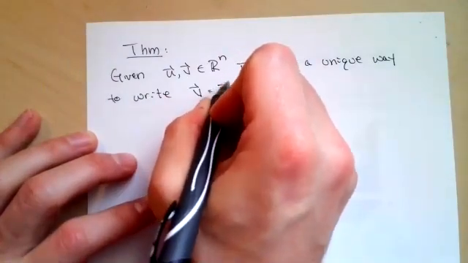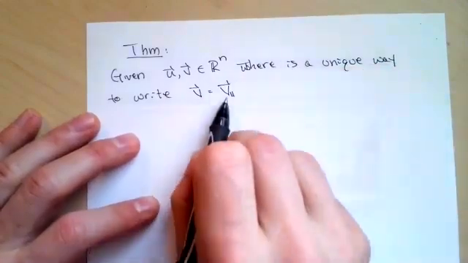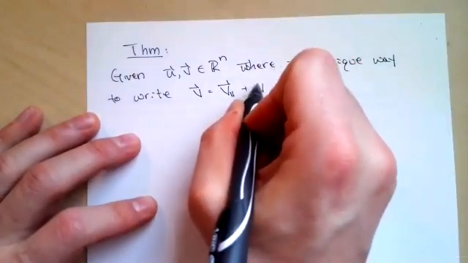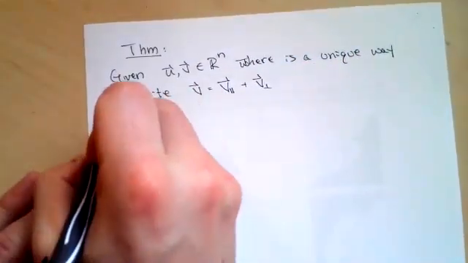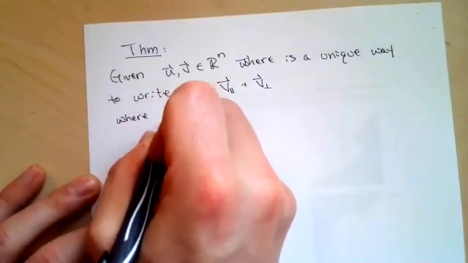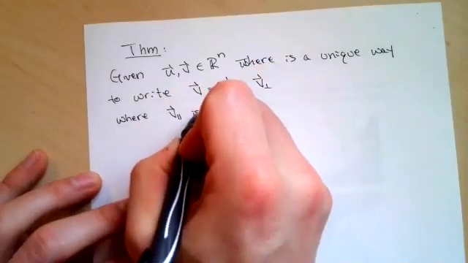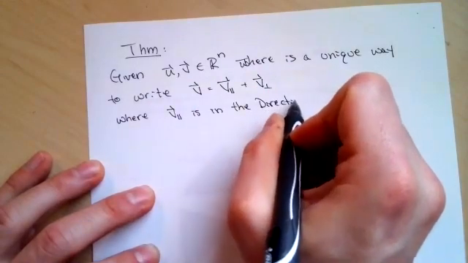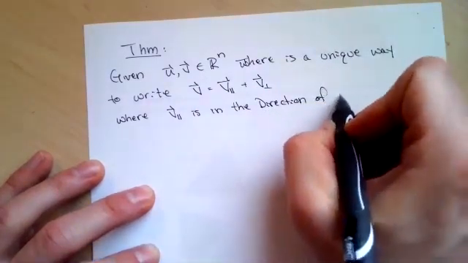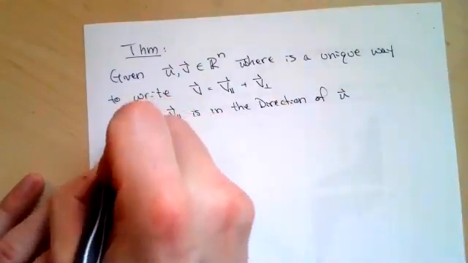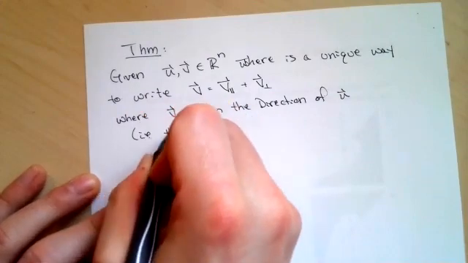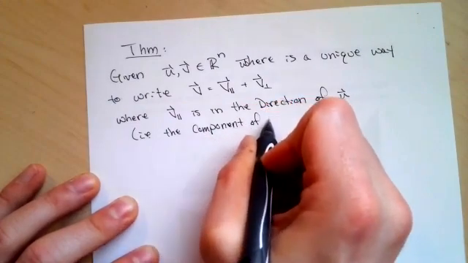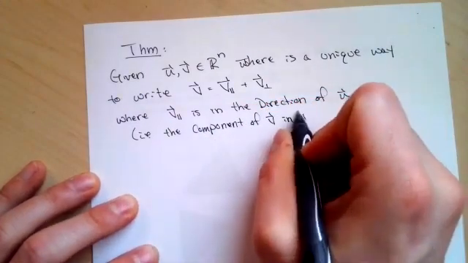It's going to be hard to write, but we write it as v parallel, so think of that as just two parallel lines, not an 11, plus v perp, where v parallel is in the direction of u, i.e., we call it the component of v in the direction of u.